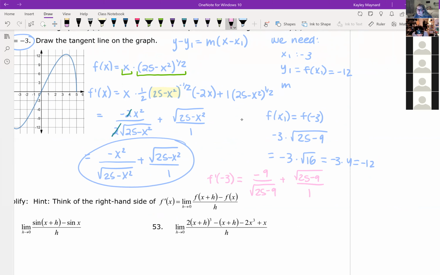You can see I'm going to have to simplify this a little bit because I have 2 separate fractions here. Like I said, you can simplify before you plug it in, or after you plug in negative 3. Either way, you're still going to have to do simplification. So this all is equal to negative 9 over 4 plus 4 over 1.